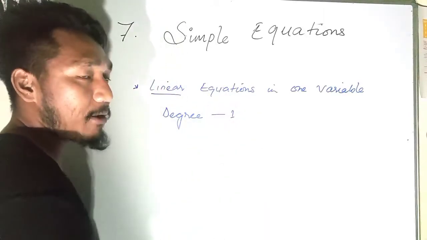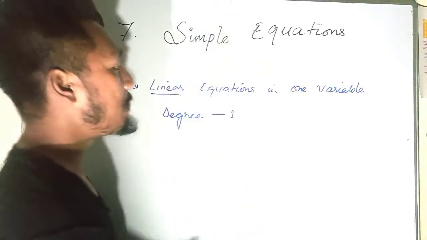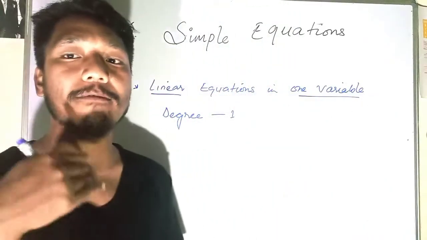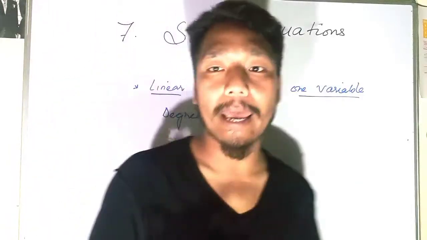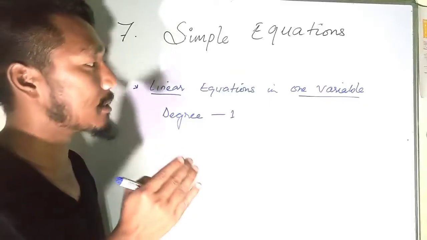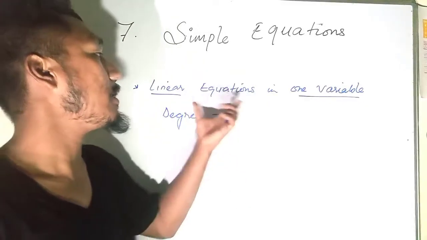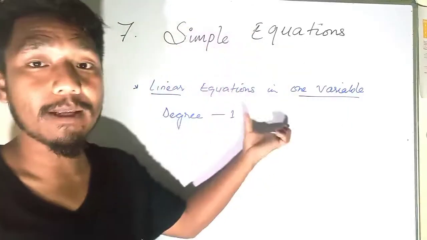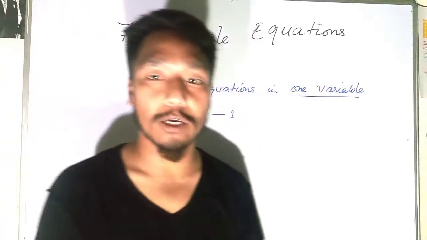That means a variable will have only degree 1. And one variable means they will not consist of more than one unknown value. They will not consist of x and y together in the equation. They will only consist of a single variable. This is what we call a linear equation in one variable, and simply we know this as a simple equation.